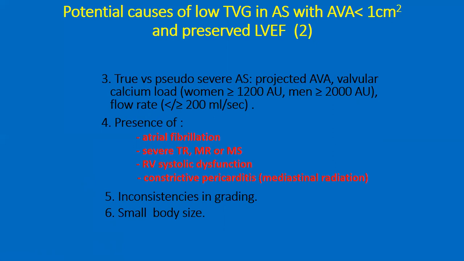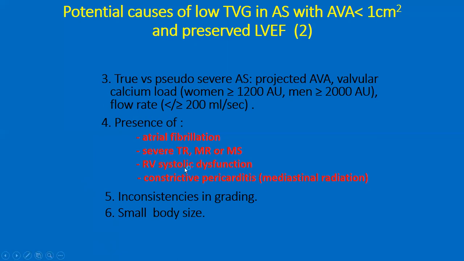A number of conditions like atrial fibrillation and severe tricuspid regurgitation, mitral regurgitation, or mitral stenosis may increase the prevalence of discrepancy between gradients and the aortic valve area, explained by decrease in forward left ventricular stroke volume.